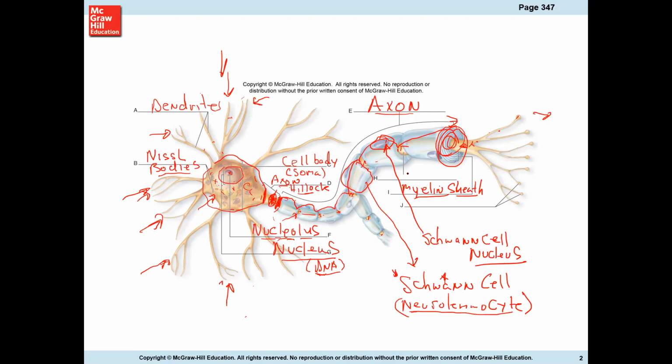So I can't fit it in here, but that gap between the myelin, between the Schwann cells, you've got to say this with a French accent, node of Ranvier. So that's the gaps between the Schwann cells. Nodes of Ranvier.